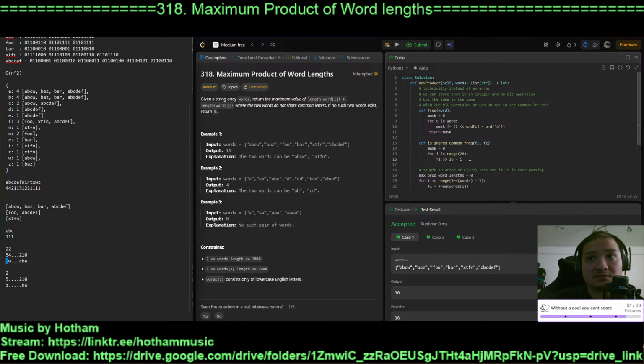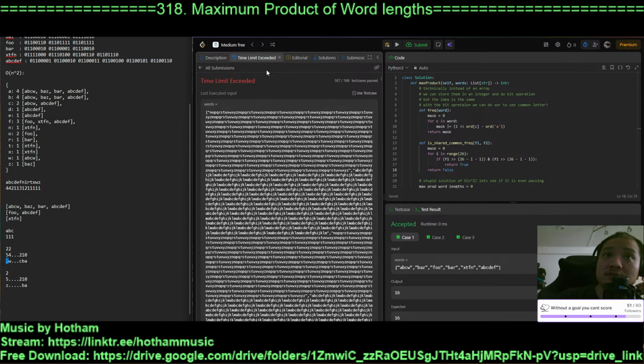Which is 26 minus I minus 1, I think. And the same thing for F2. If this is set, then that means return true, otherwise return false, like that.